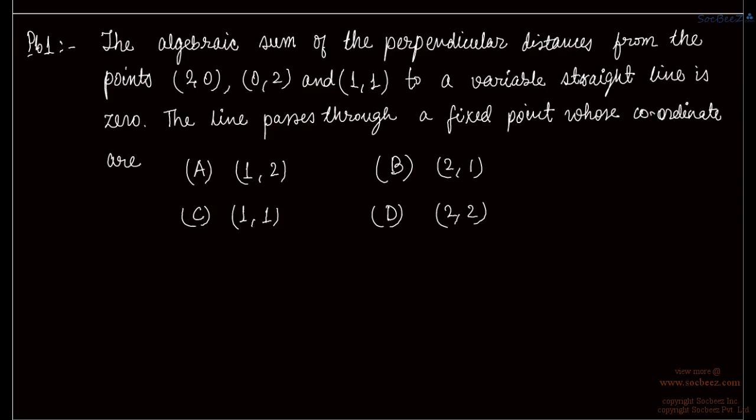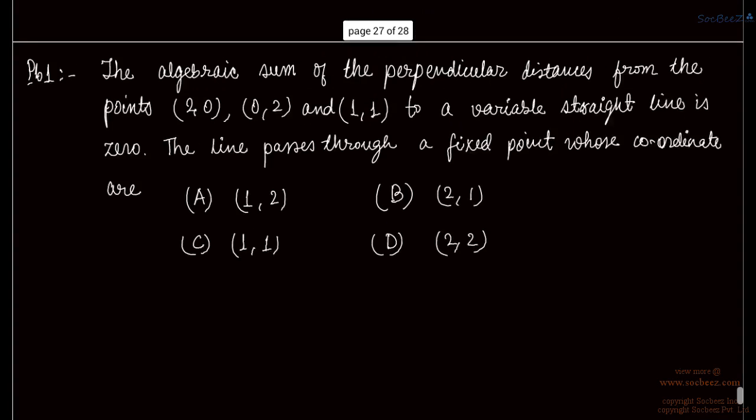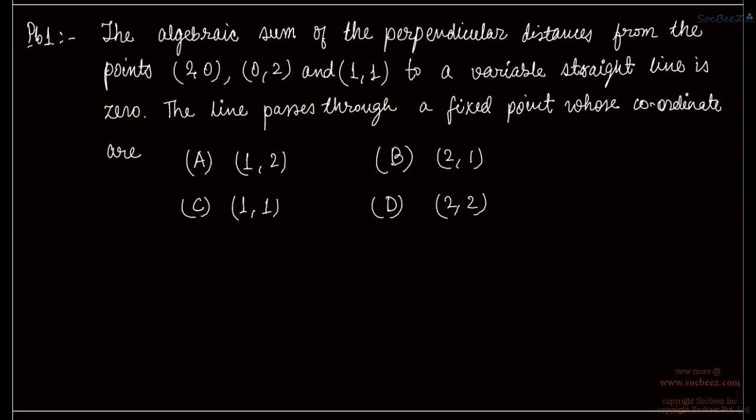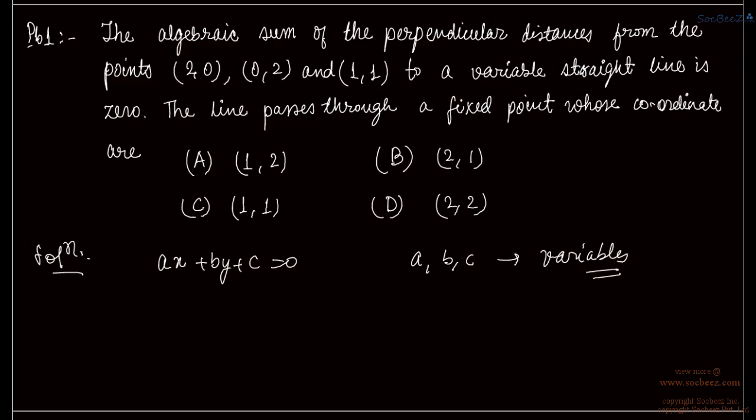0. So let's have a straight line ax plus by plus c is equal to 0, where a, b and c are variables. So this is a variable straight line, and the algebraic sum of perpendicular distances from these 3 points is 0.